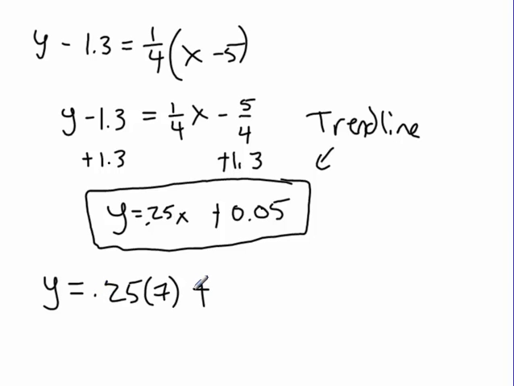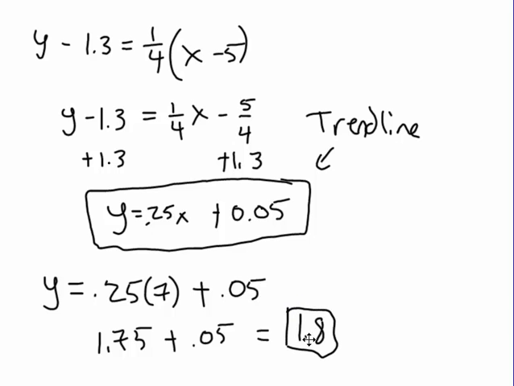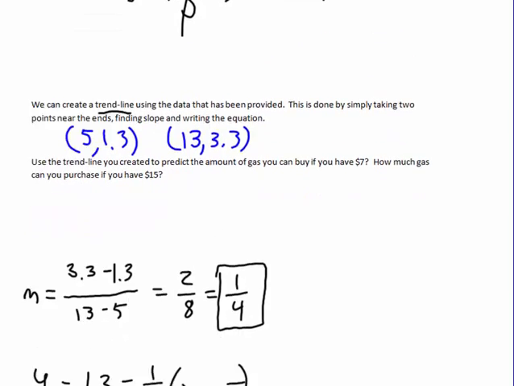I've never been this awful. And 7 times 0.25, well, 7/4 is, what, $1.75? So we get 1.75 plus 0.05, which gives us 1.8. So I could buy 1.8 gallons of gas if I have $7.